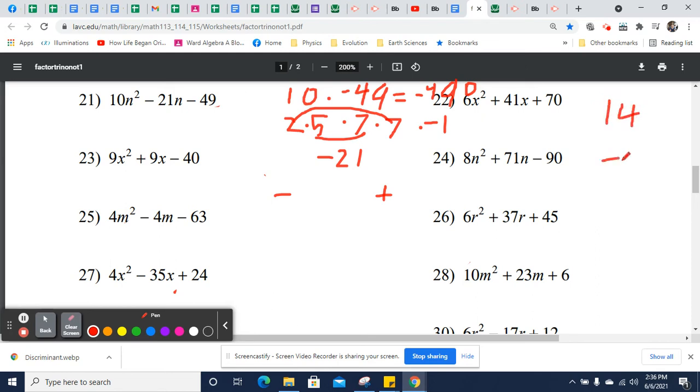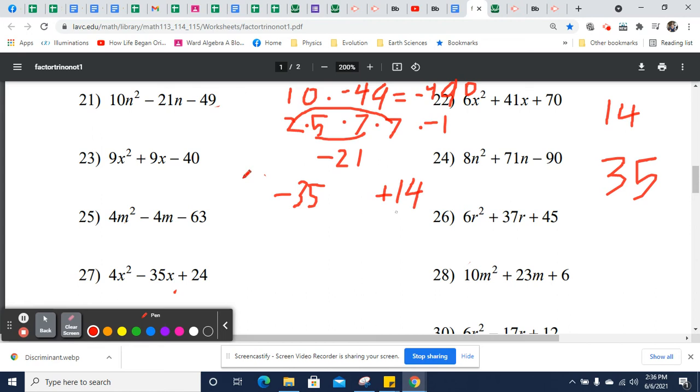And I've also got 5 times 7, which is 35. And those, in fact, are 21 apart. So I need to figure out which one is negative and which one is positive. Since my sum is negative, the bigger number has to be negative. So -35. And that's going to be positive 14.